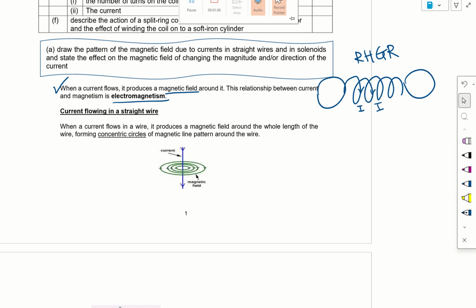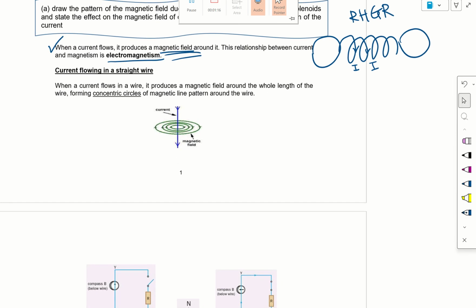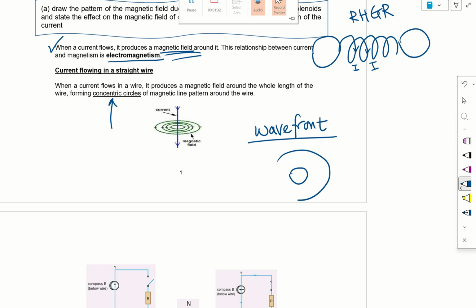Again, when current flows through, whether in a straight wire or solenoid, it will produce a magnetic field around it. It actually forms concentric circles. This is not like your wave fronts. In the other chapters, in waves, we covered wave fronts. For wave fronts, if they have the same wavelength, that means the same depth, then they will have equal distance.